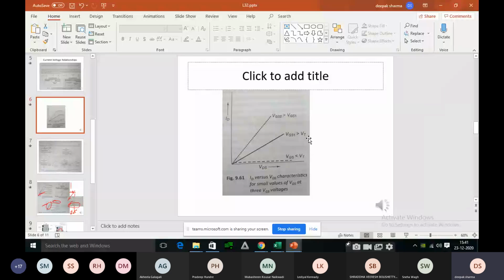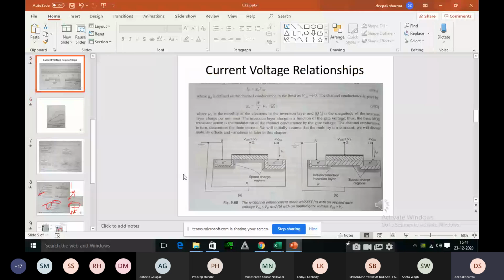So as you cross the VT, there will be some current. If you go on increasing that voltage at the gate, what will happen? If you apply more positive potential at the gate, the channel will become more and more stronger. Why? Because this more positive potential will attract more number of electrons.